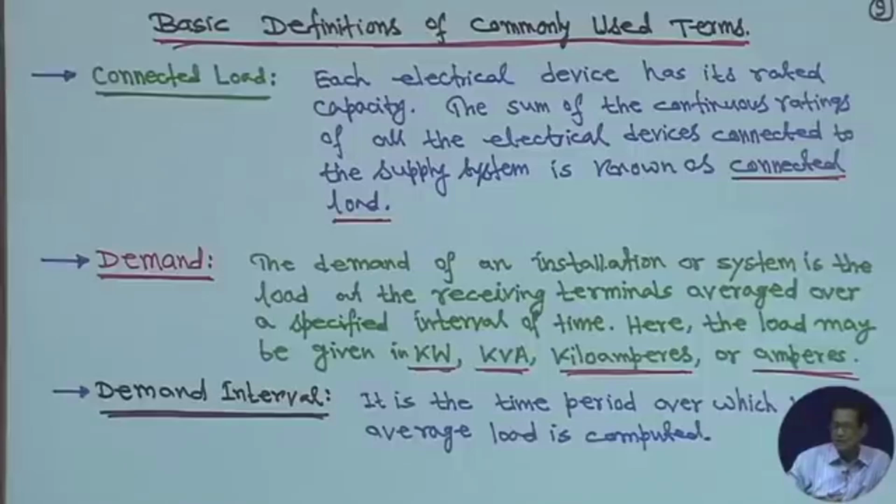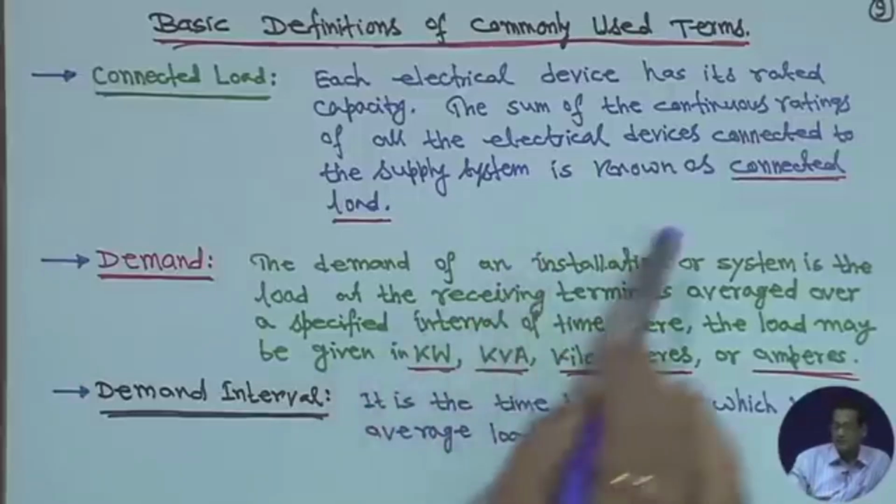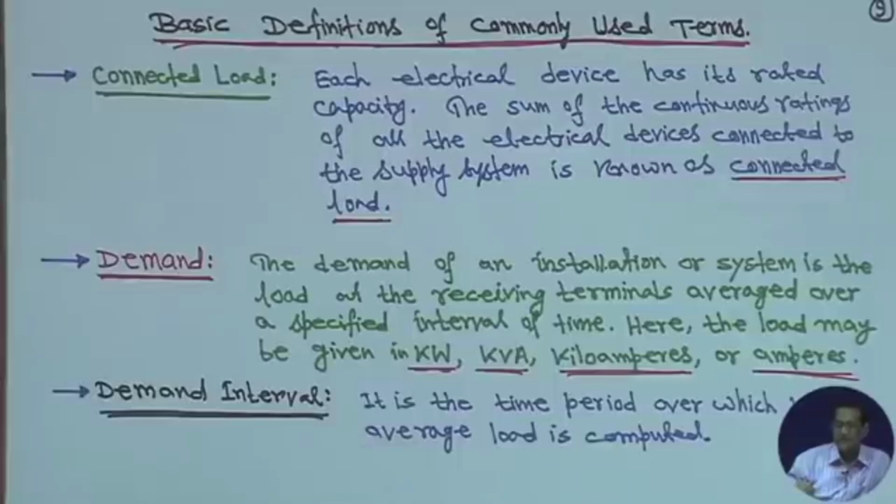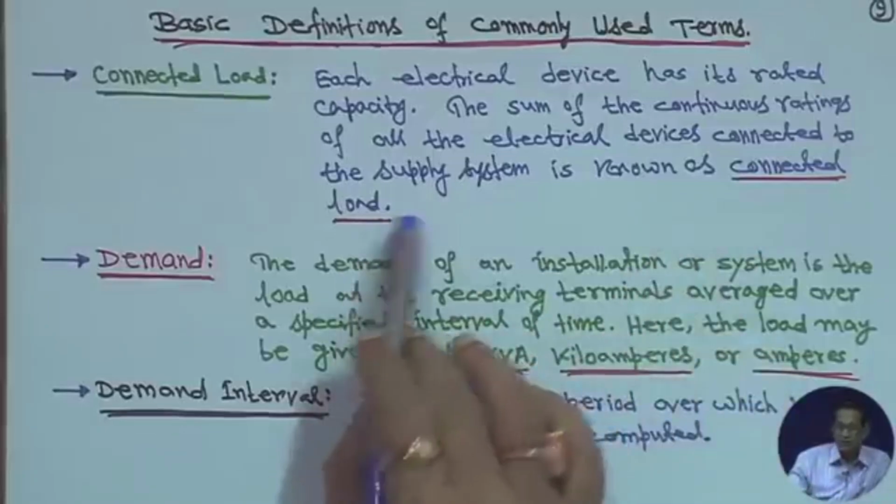The sum of the continuous ratings of all the electrical devices connected to the supply system is known as the connected load. For example, take your home: lights, fans, AC, geyser and other things. If you add their total rated capacity, that will be the connected load of your home.